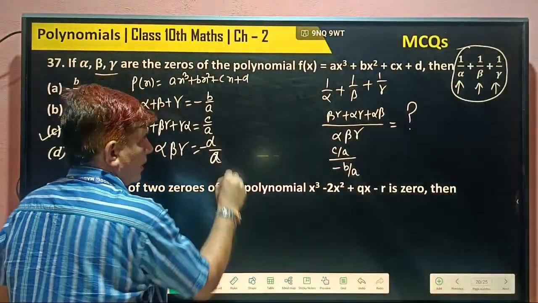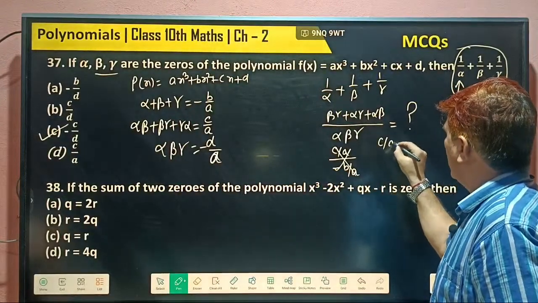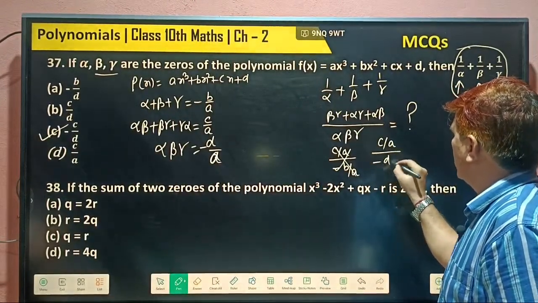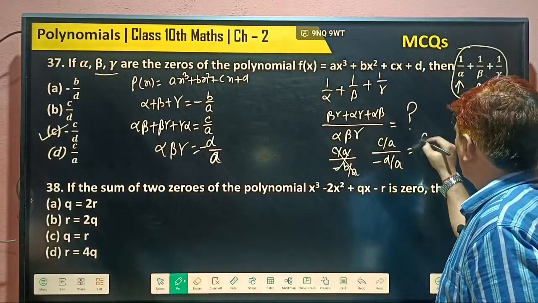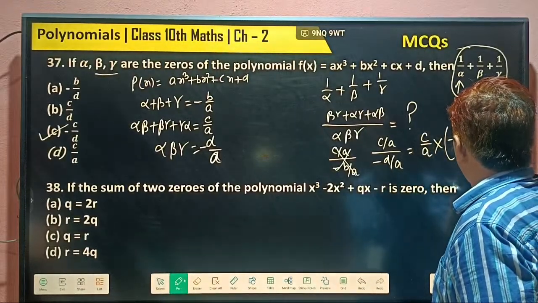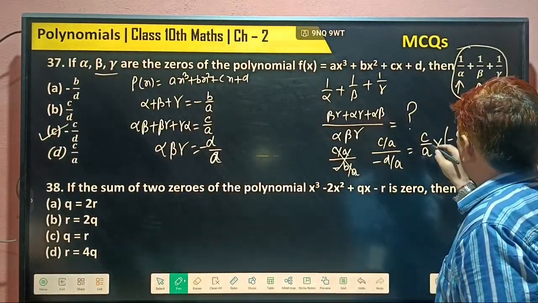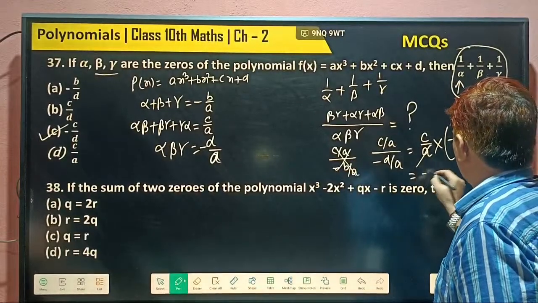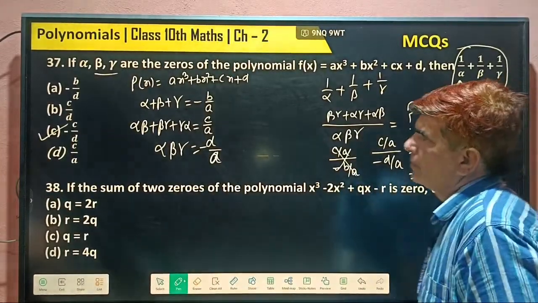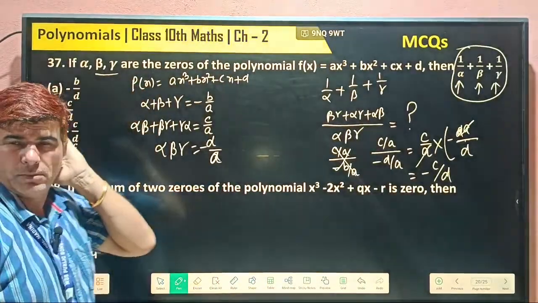So what value is coming here? c by a divided by minus d by a. So we can write c by a into minus a by d. A cancels with a, so what's coming? Minus c by d. This I told you. Understood?